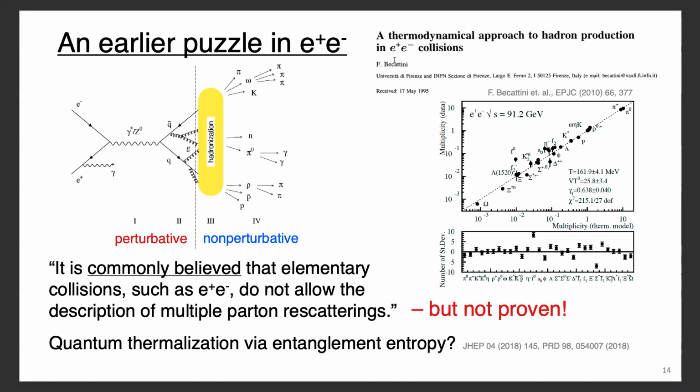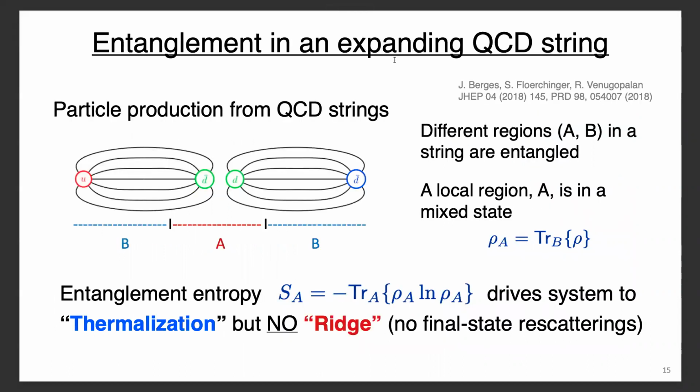From these papers, briefly, the idea is that if you think about the QCD string, the entire QCD string is entangled. Different regions on the QCD string are entangled. There's region A, region B, they're entangled. So if you look at a local region A, it is in a mixed state. You can compute this density matrix, and then you can compute the entanglement entropy for region A. After fragmentation, you can introduce a quench to the system.